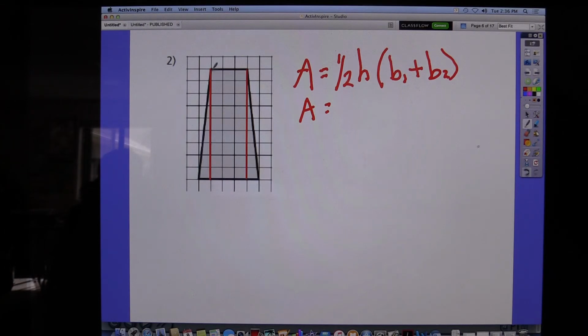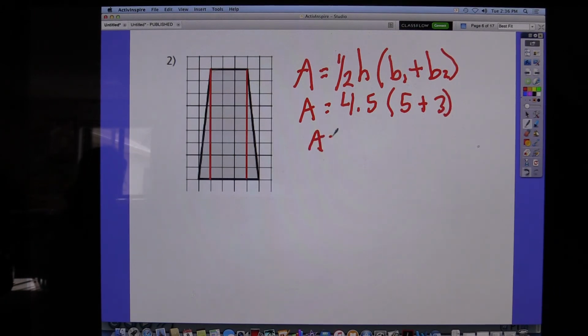I know that the height of this particular trapezoid is 1, 2, 3, 4, 5, 6, 7, 8, 9. It's 9 units high, and half of 9 would be 4.5. Base 1, and always consider the bottom base to be base 1, is 1, 2, 3, 4, 5 units across, and base 2 is 3 units across.